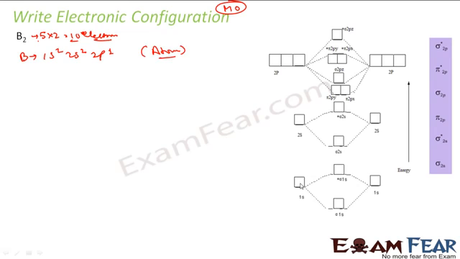So 1s2, let me put 2 electrons here, and then 2s2, let me put these electrons here, and 2p1, this electron. See, this is the order we had for boron: sigma 1s, sigma star 1s, and then sigma 2s, sigma star 2s, like that.